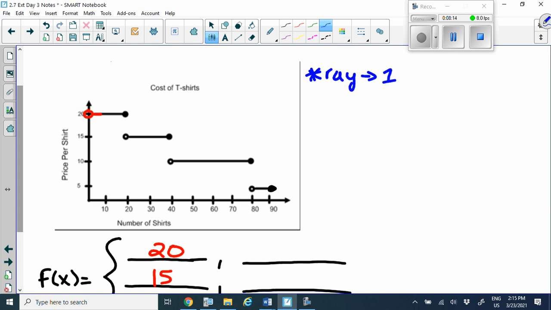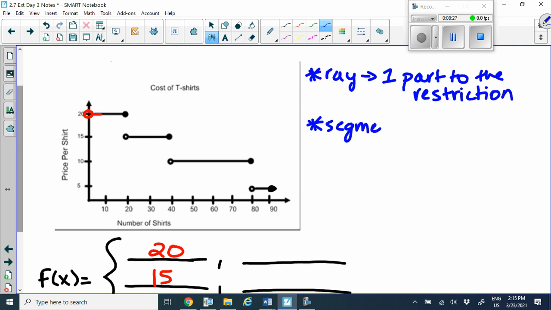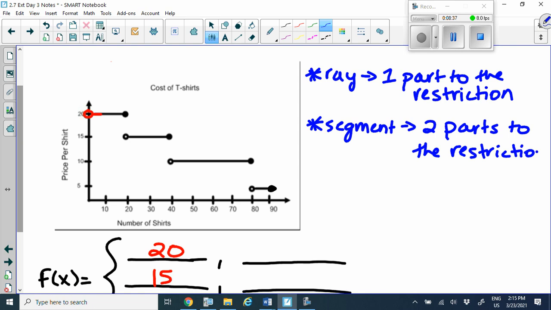When there are 2 parts to the restriction, we will have a segment. So remember, a segment has a starting and stopping point. Okay, so all of these are segments, so they're going to have 2 parts.